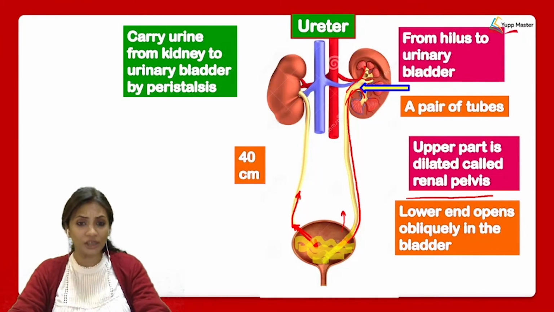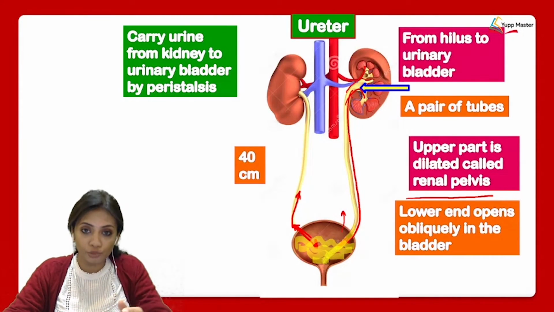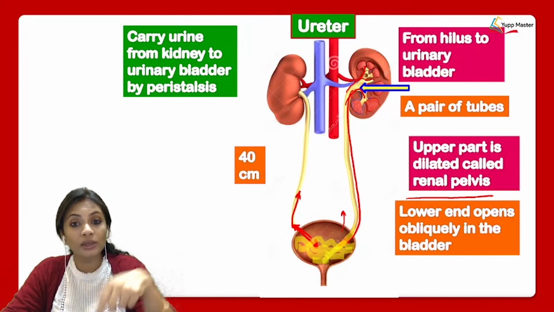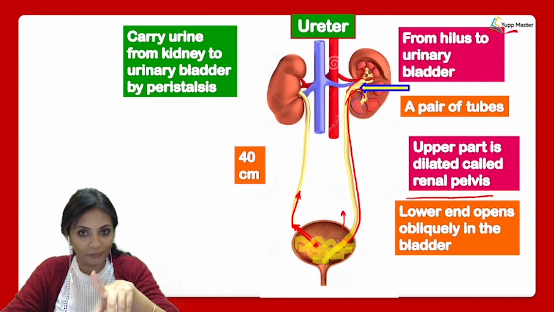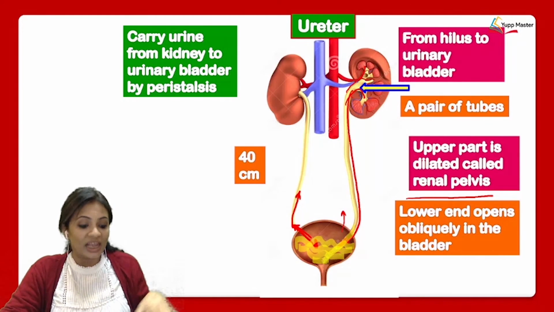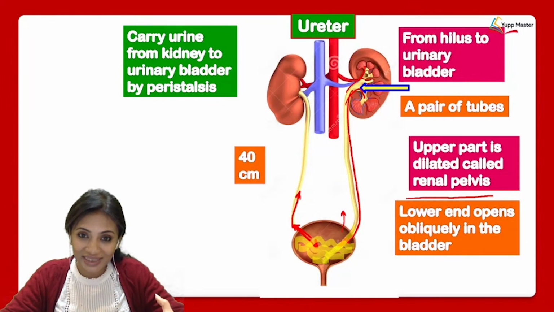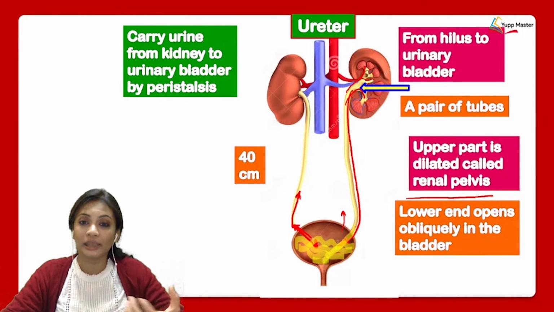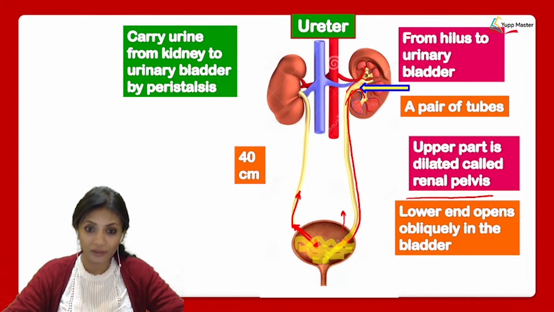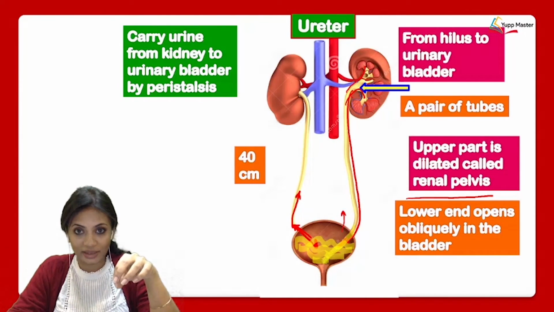So the basic function of the ureters is to carry urine from the kidneys to the bladder. But remember one thing, the urine that falls from the kidney to the bladder is not falling down by gravity. What is it that's taking that urine down, helping it to be collected in the bladder? It is the alternate contractions and relaxations.